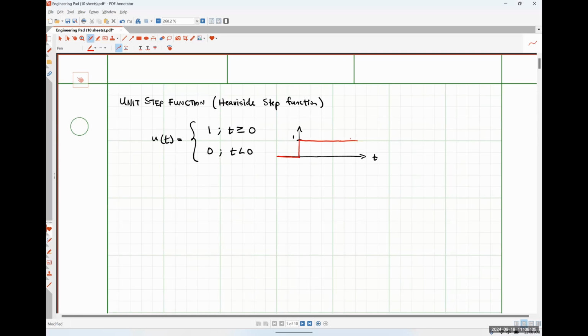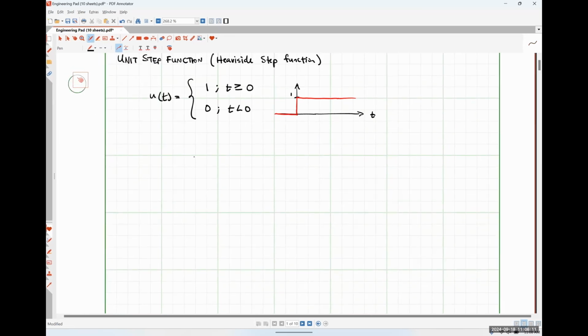So if I had a voltage source that was, let's say, 5 u of t volts connected to some electrical network, this is just a slightly different way to interpret the following switch system, where we might have a short circuit here, a 5-volt source here, and then a switch.